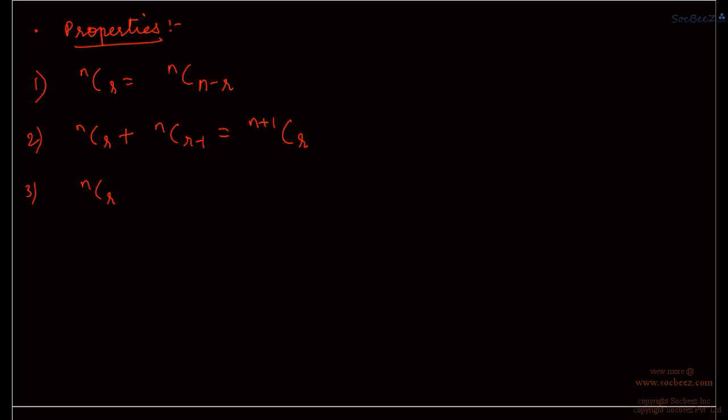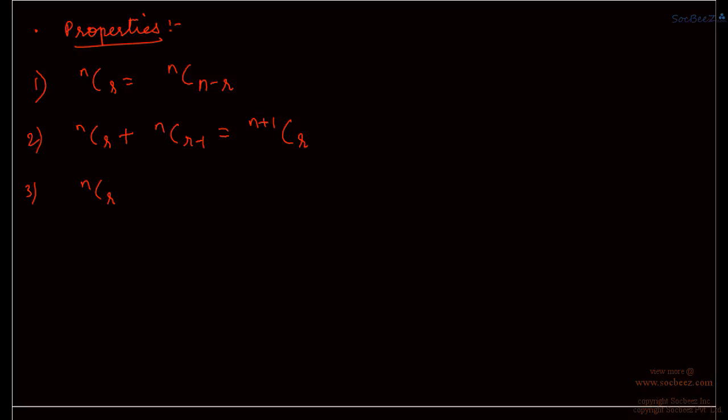But then suppose you increase it further, nP1 is n factorial by (n minus 1) factorial, which is n. The next is n factorial by (n minus 2) factorial, which is even more. And let us look at the last one, n factorial by 0 factorial, which is n factorial. So you see that nPr actually increases when you increase r from 0 to n.